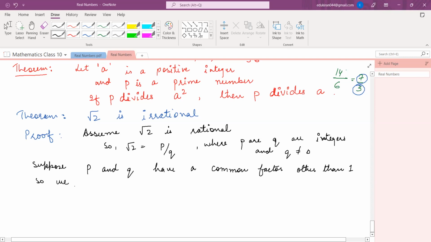So in the first question, I'm writing everything, then later on you can just reduce it. So we divide by the common factor to get the simplest form.